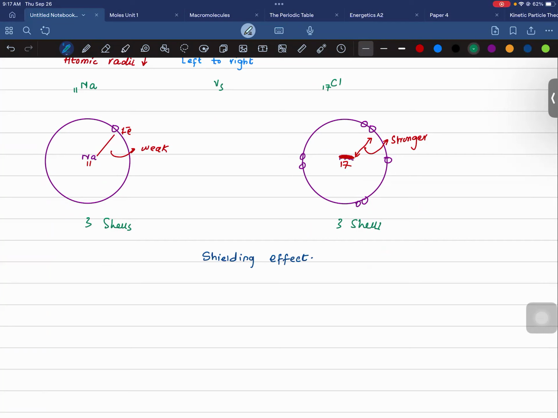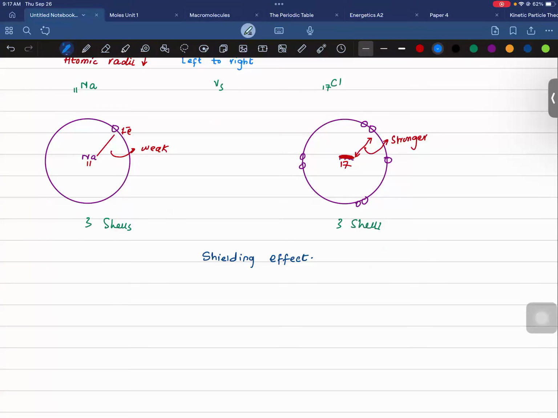As the shielding increases with more shells, the ionization energy decreases, because with more shells the electron in the last shell is easily lost.